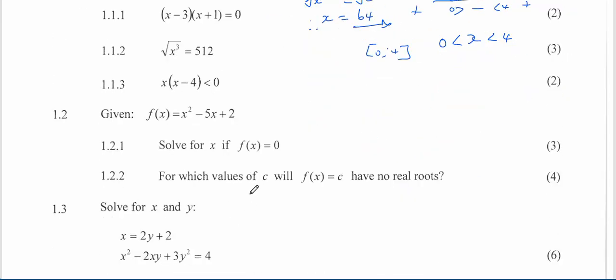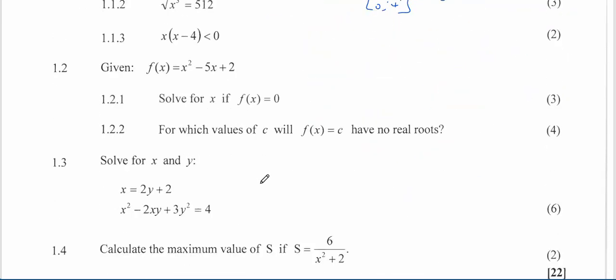So let's go to our 1.2. In 1.2, we are given the function f of x equals x squared minus 5x plus 2. Here we are required to solve for x if f of x equals 0. So you apply the same thing: x squared minus 5x plus 2 equals 0.